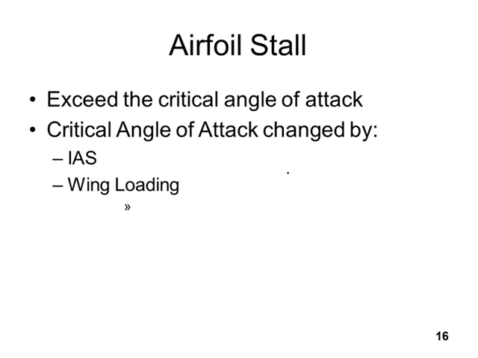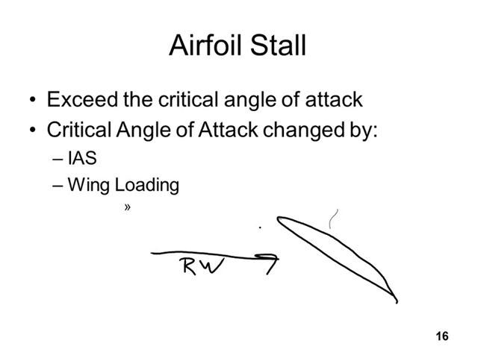So effectively, let's say I've got my asymmetrical airfoil, and here's my relative wind, and here's my angle of attack. And at some point, this is the leading edge of the wing.